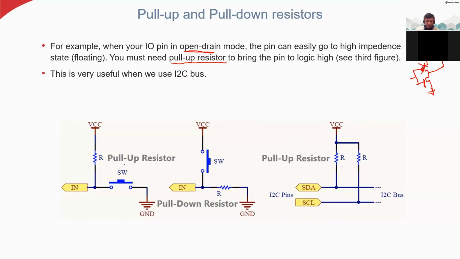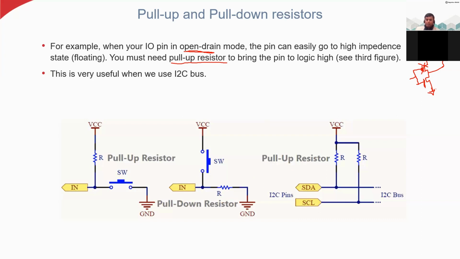We put the switch in the top in the pull up chain, and in the pull down chain we put the resistor, so this is called a pull down resistor. If you connect towards this VCC, then it is pull up, because you are bringing this pin towards VCC. Or pull down, where you are bringing this pin to the ground value, logic 0.